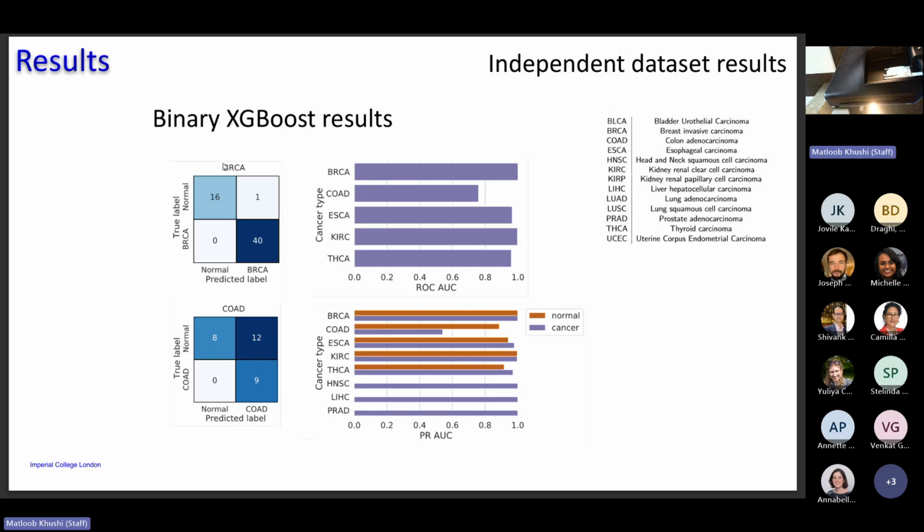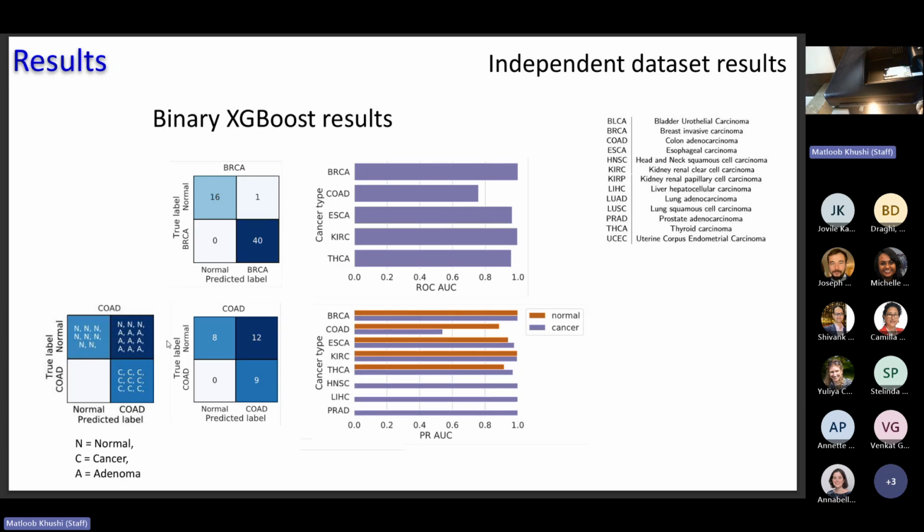So this is breast cancer. It got 1 wrong. This is prostate cancer. It got 12 wrong. And then when we looked into why it did that, so the data came with annotation, right? 9 out of these 12 samples were adenomas. So adenomas, we didn't train our original models on adenomas.